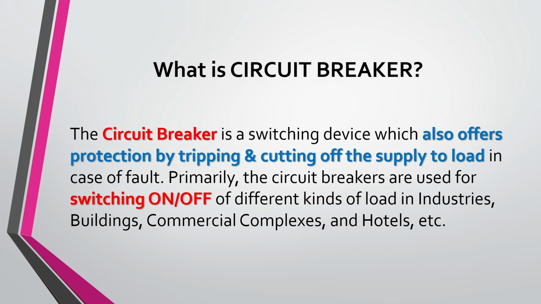So if a fault happens, this will disconnect the load. Primarily, circuit breakers are used for switching on or off different kinds of load in industries, buildings, commercial complexes, and hotels, etc.